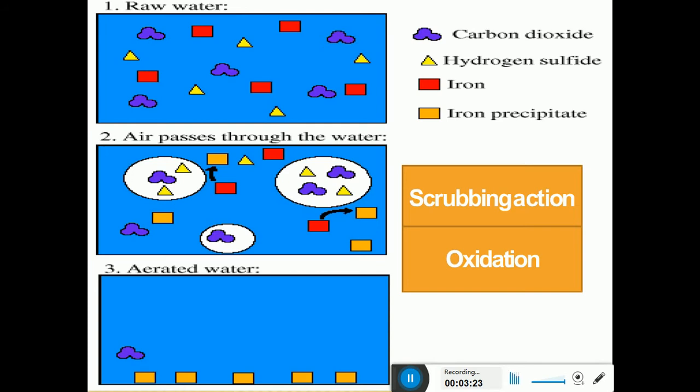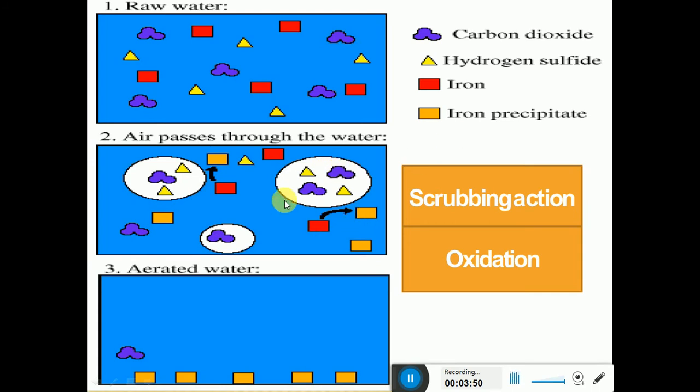Okay, so here you can see, so this is the raw water, and the H2S which can be seen in yellow color, and iron and manganese. Okay, so because of the mixing action, you can see all the forms of impurities like carbon dioxide, hydrogen sulfide, iron and manganese. Okay, so whenever the air passes through the water, this bad odorous gases will be removed.